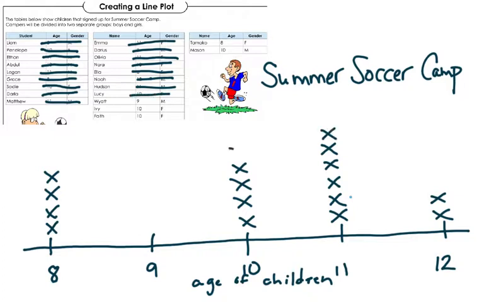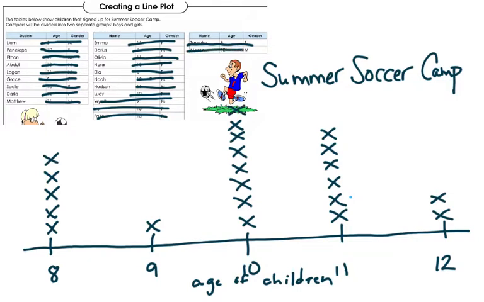Lucy is 10. Wyatt is our first 9-year-old. Ivy is 10. Faith is 10. Tamako is 8. And Mason is 10. Kind of running into my picture there.